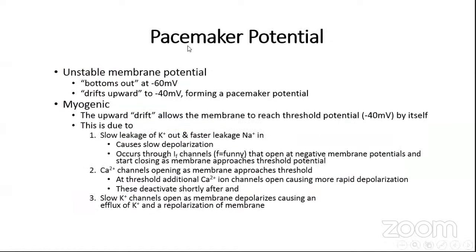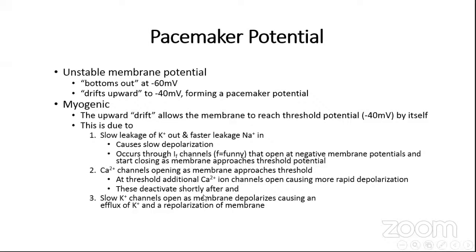So the pacemaker potential is unstable, but generally it's at -60. Because of the slow leakage of potassium and faster leakage of sodium, this is the slow depolarization, or pacemaker depolarization, that is very classical for pacemaker cells. The calcium channels open and approach the threshold.